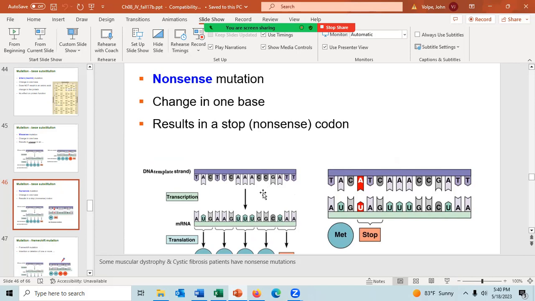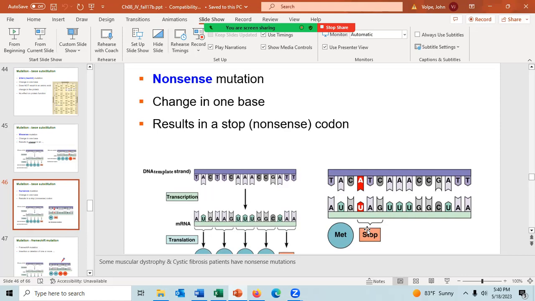And what that does, let's see right here, we have AAG, and it gets changed to UAG, which is a stop codon. And now the protein gets made up above this stop codon. But after this, the protein is truncated because of the stop codon.